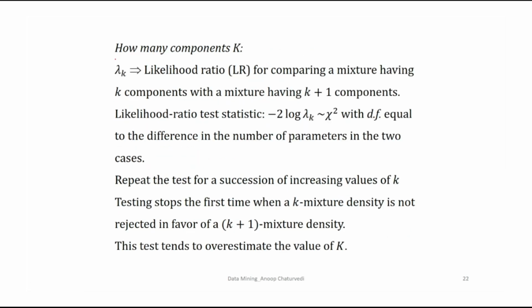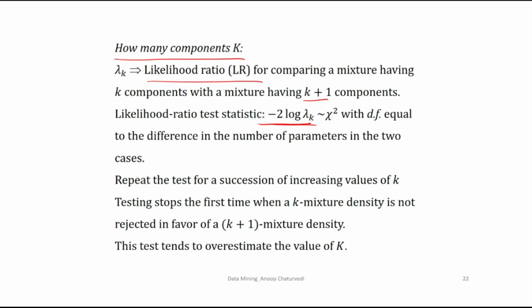Then, how many components K? Suppose lambda K is the likelihood ratio for comparing a mixture having K components with a mixture having K plus 1 components. You consider two mixtures, one with K components and one with K plus 1 components, and then you take the likelihood ratio. Then this is the likelihood ratio test statistic, minus 2 log lambda K, and this statistic follows a chi-square distribution with degrees of freedom equal to the difference in the number of parameters in the two cases.